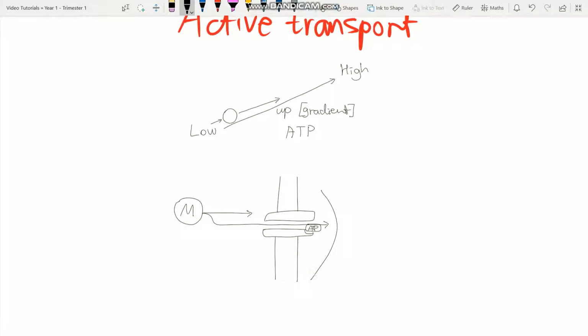This energy, provided directly by the hydrolysis of ATP, is called primary active transport. But we'll get back to that later.